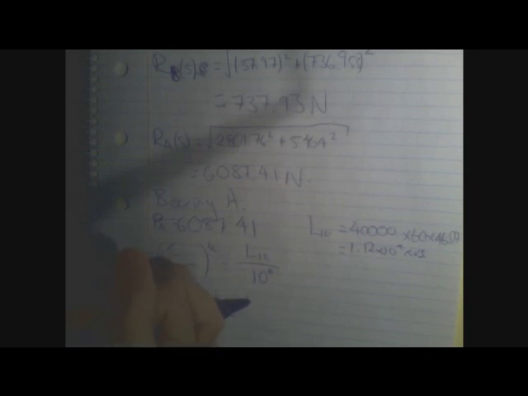Our L10 is 1.12 times 10 to the 9 divided by 10 to the power of 6. Returns me a value of 47019.21 newtons.